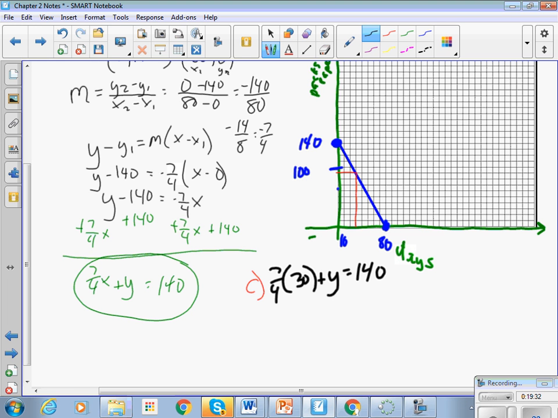So if I do 7/4 times 30, I'm just going to do straight up calculator. I get 52.5. And then I subtract 52.5 from both sides to see what y value I get out when x is equal to 30.